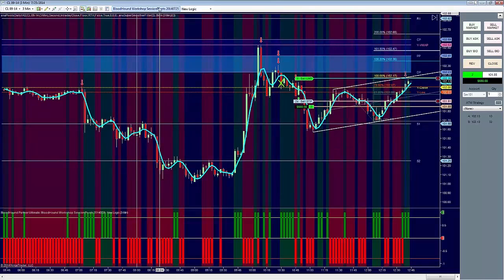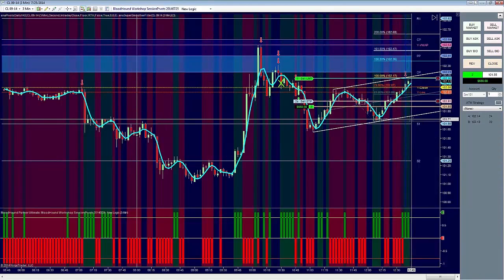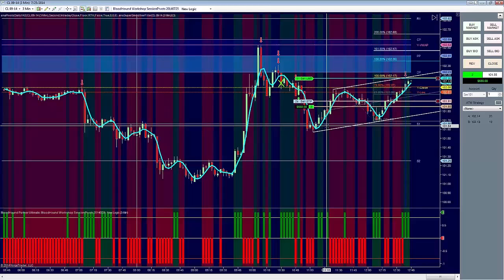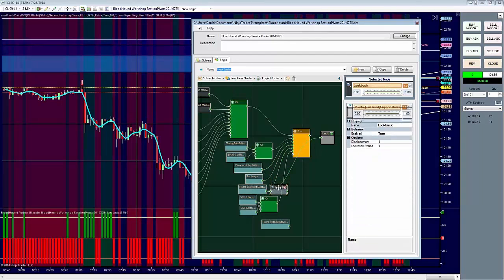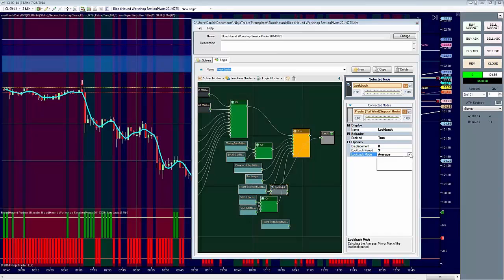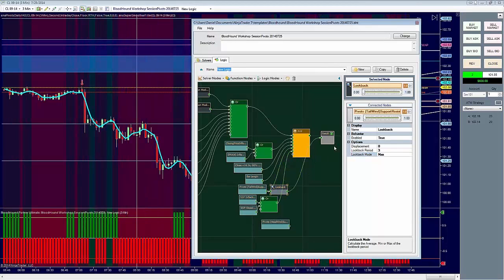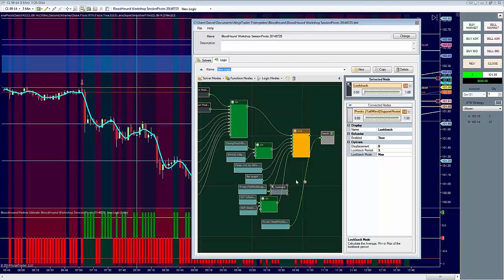What I could do, see, I'm about to get filled right here. Hopefully. So what I could do is use a look back like we did before. Set it to a look back of probably 3 bars max. Yeah, let's do that.